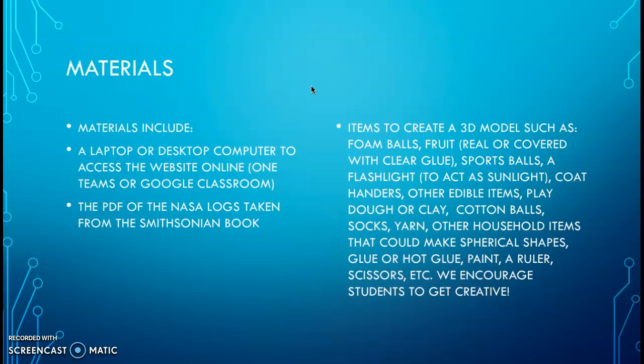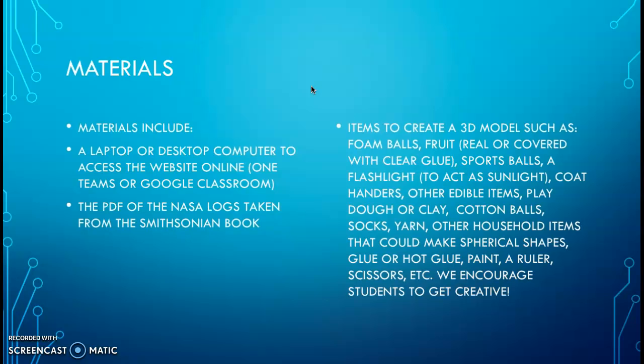And we wanted them to get creative with their 3D models to bring items from home without spending too much money. So if they have any craft items like foam balls or paint or cotton balls or Play-Doh or clay or yarn or any of those type of household items, we would encourage students to bring that. They could also bring sports balls or real fruit or fake fruit.